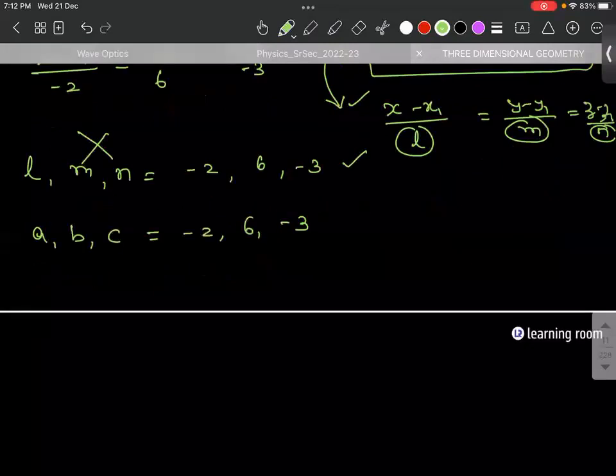Then what is the value of l? Sir, l we can write as a by root of a square plus b square plus c square. Correct.